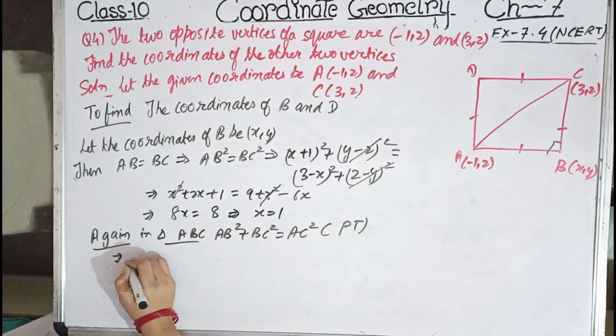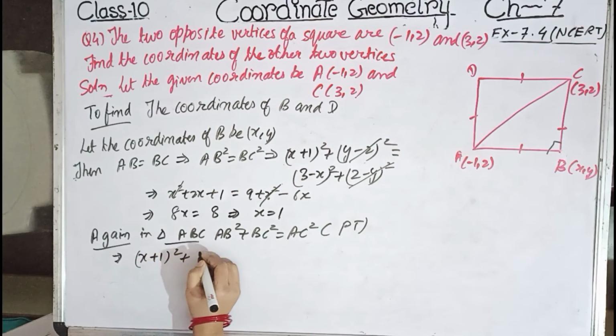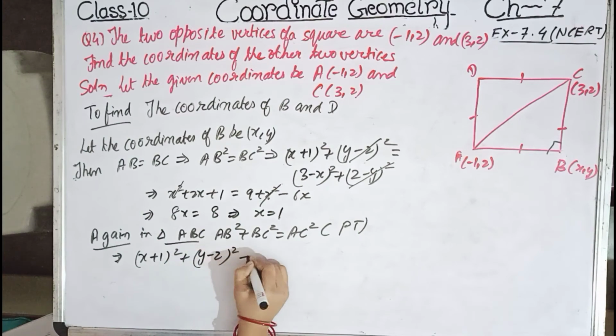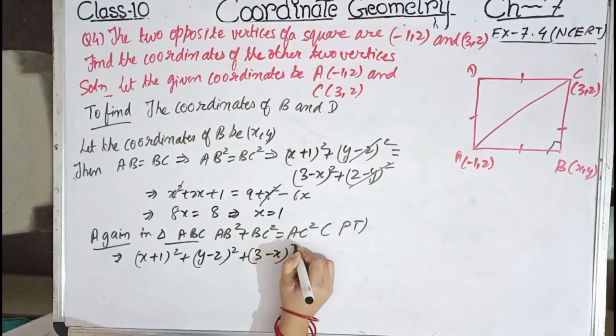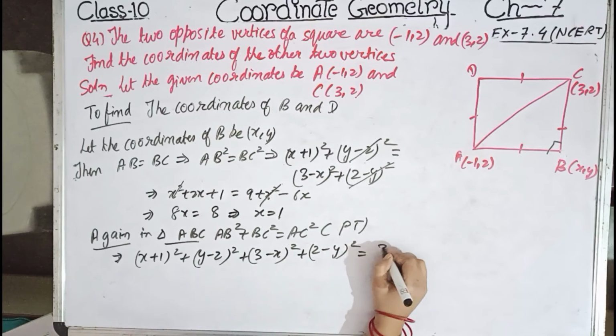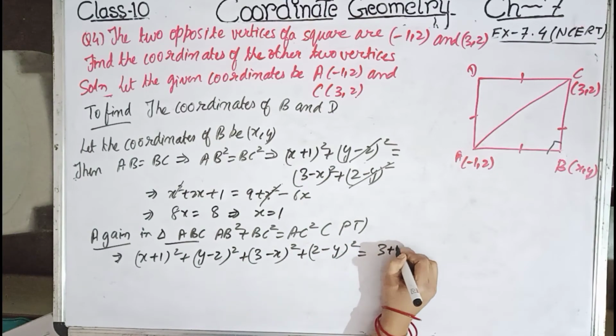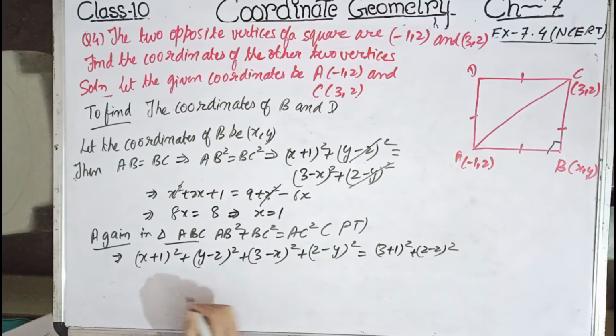This implies AB squared is (x plus 1) whole squared plus (y minus 2) whole squared. BC squared will be (3 minus x) squared plus (2 minus y) squared, equals AC squared, (3 plus 1) squared plus (2 minus 2) squared.